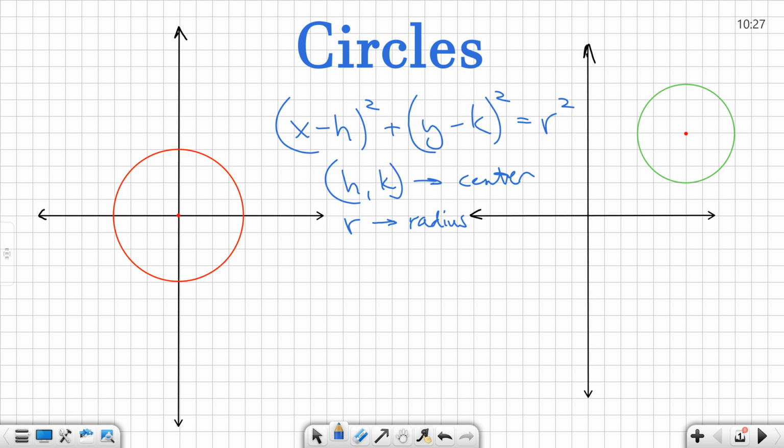We good? Good. So what's the equation of the red circle? Where's the center? 0, 0. Also known as the origin. Very good. What's the radius? Okay, so I'll ask my question again. What's the equation of the red circle?